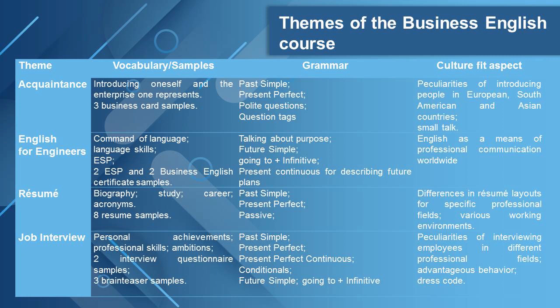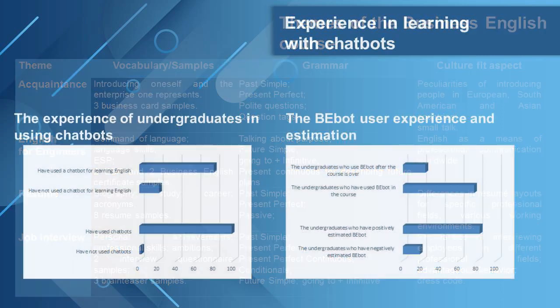The course also includes forming students' awareness of equality, diversity, and inclusion policy, and enhances intercultural communication. Each section mentioned above has a focus on a coherent English language aspect, vocabulary, and grammar. Several themes of the Business English course are presented in the table.